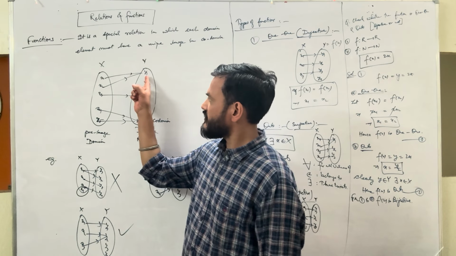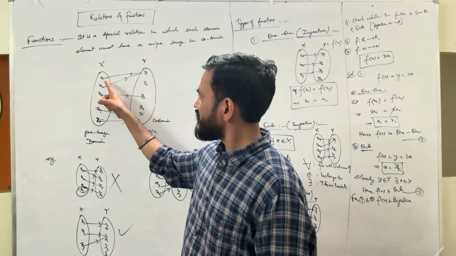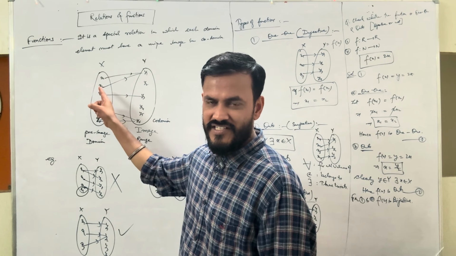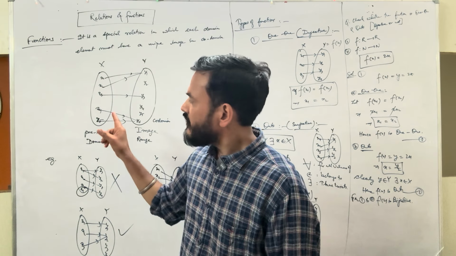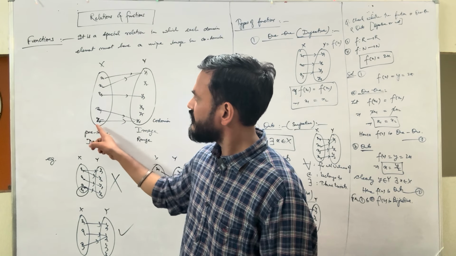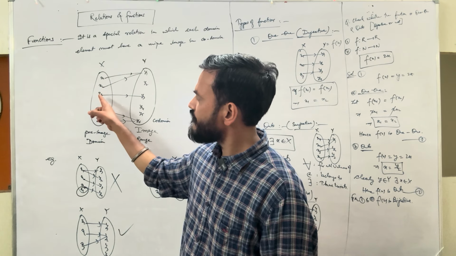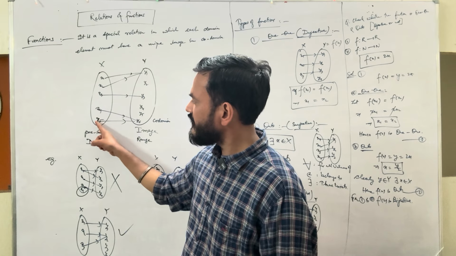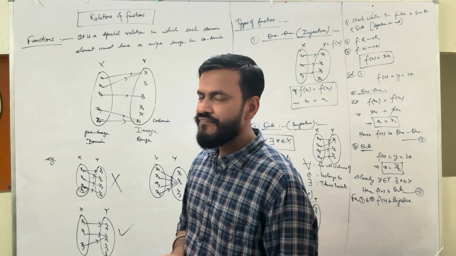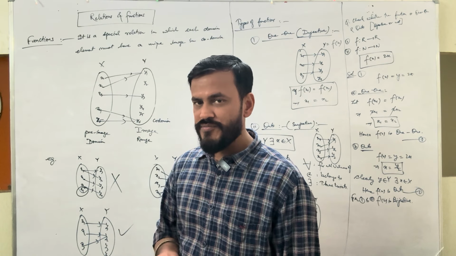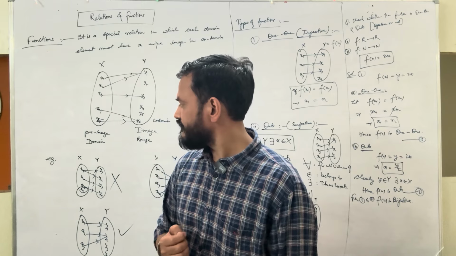Now you see, there is no such restriction. y1 has got two pre-images, x1 and x2. There is no such restriction. The only restrictions on a function are that the elements of domain should be mapped, and all of them should have just a unique image.